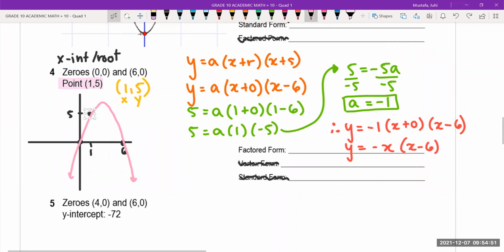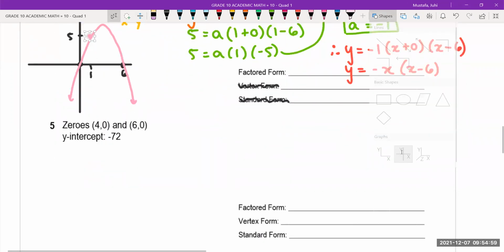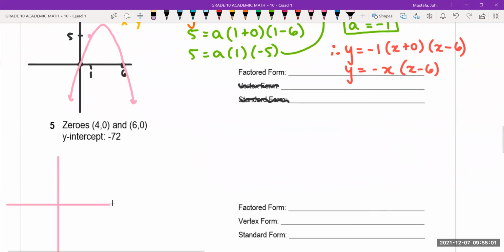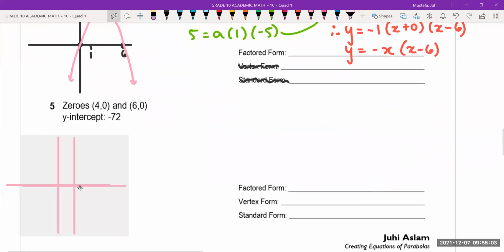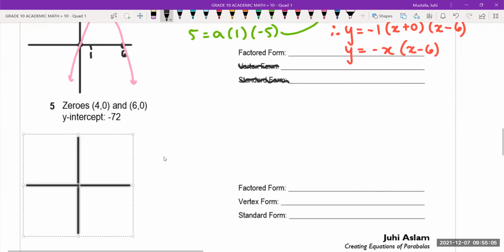There we go. Try it. We'll take it up in a second.